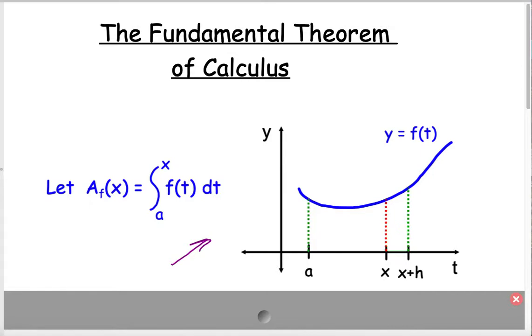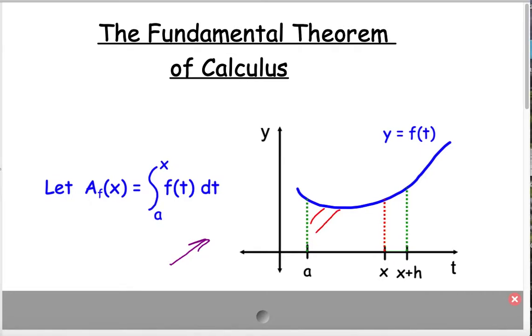So I can shade that area right there. And furthermore, I'm going to let that area be a function, capital A sub f of x, meaning as I move x along this axis, this area is going to change.